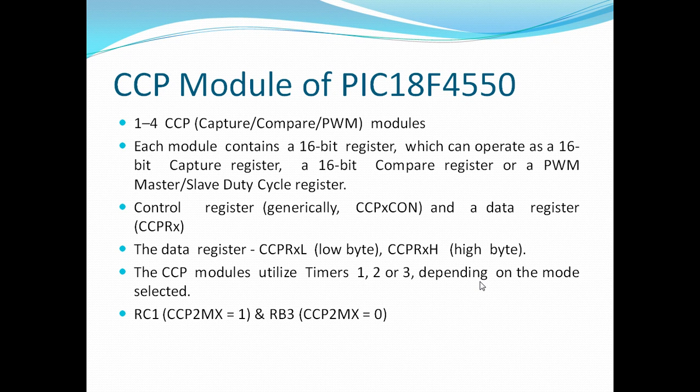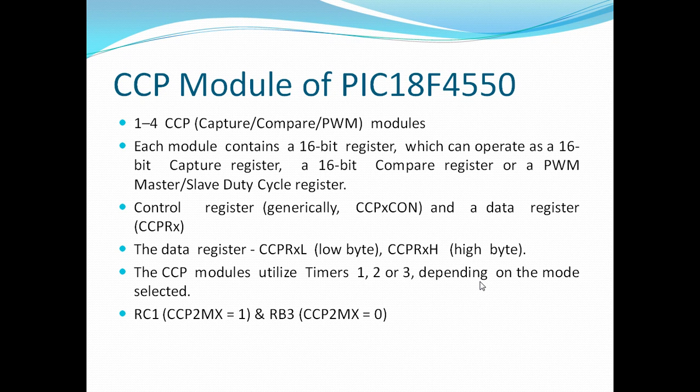To control the CCP operation, capture, compare, and PWM, control registers are available inside the PIC18F4550, called the CCP1CON register and CCP2CON register. These registers use 8 bits for controlling the operation of the CCP module.